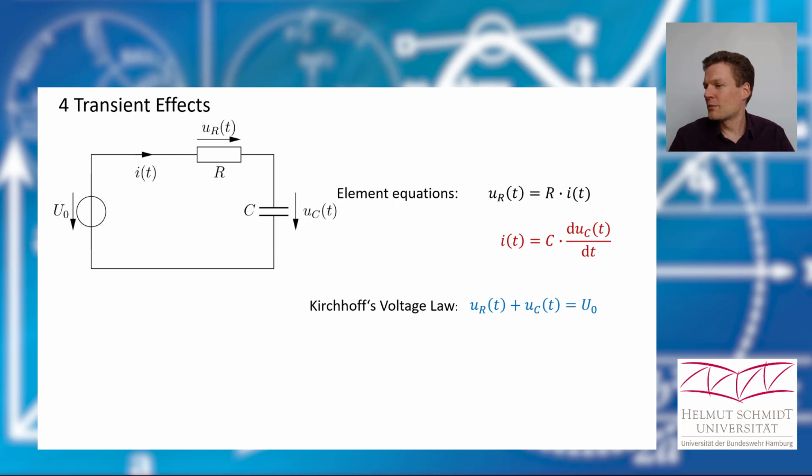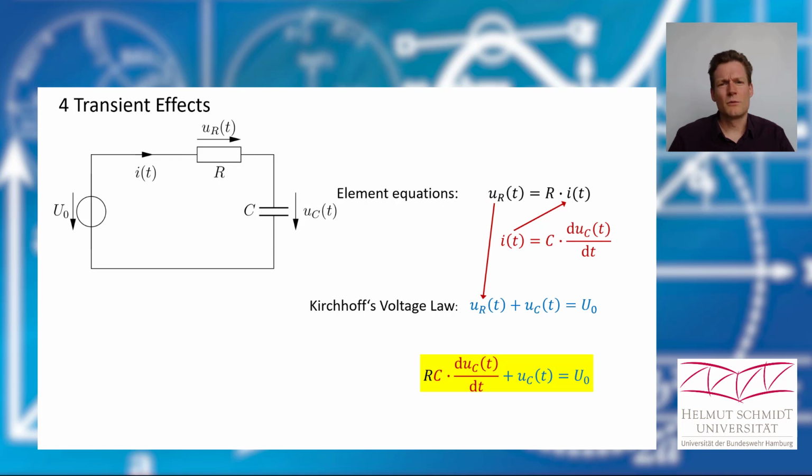Okay, our three equations with our three unknowns, and now we put them in together. We could express the current of Ohm's law with the element equation of the capacitor. Okay, and then we could use the new equation and replace the UR(t) in our Kirchhoff's voltage law. And this leads to this equation here. Okay, what have we won?